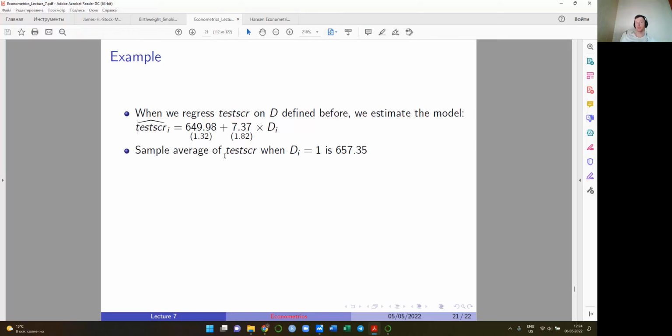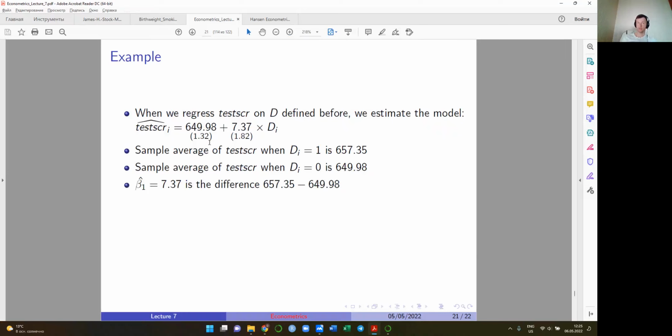It means that the sample average of a test score when d is 1 equals the sum of these two numbers, right? And the sample average when d is 0 is 649.98. Only this part. So the difference between these two sample averages is 7.37. So basically the districts with the larger classes on average have 7.37 points less in the test score.